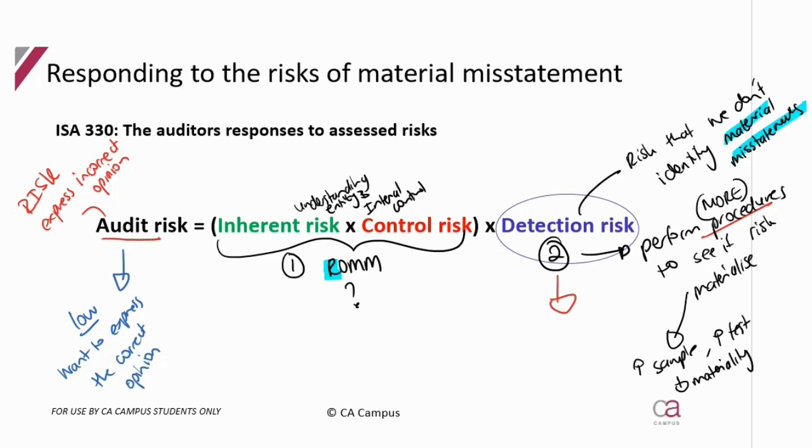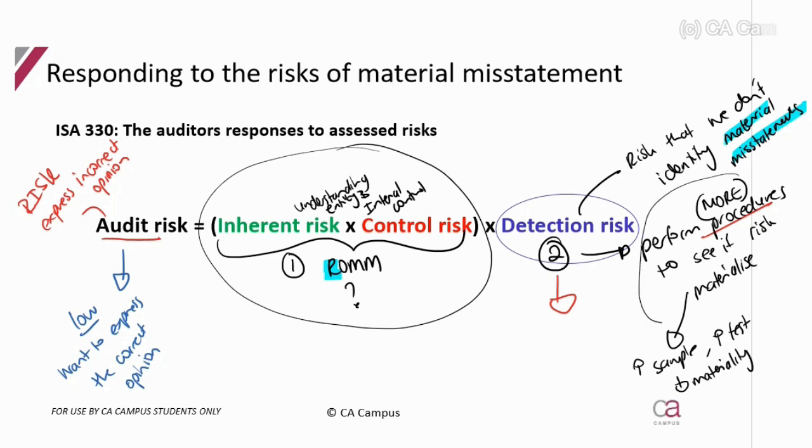Okay, so guys, why am I showing you this? Because I'm showing you that the risks that we've just identified and assessed last week, in week 3, are going to affect what we are going to do in terms of our plan. They affect our detection risk, which is how we need to respond to those risks.